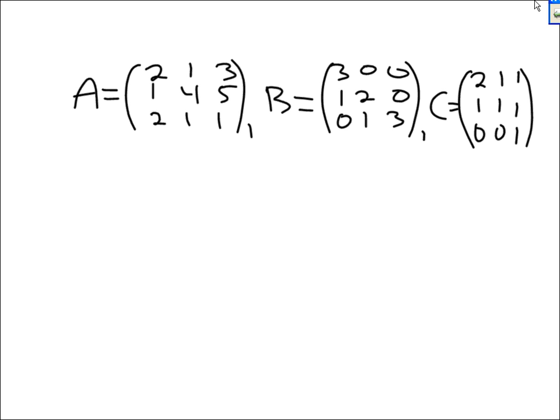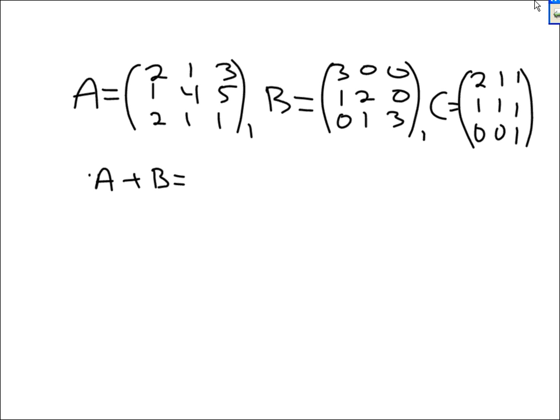That's matrix C. We want to do a few calculations. We want to talk about how you add matrices. How do you add a matrix? What is A plus B?